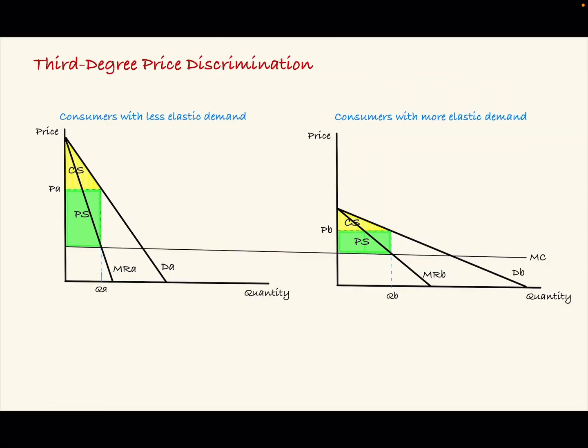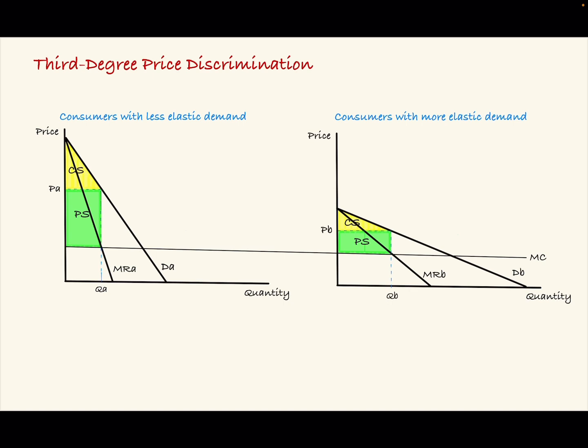Now let's take a look at third-degree price discrimination. Remember that third-degree price discrimination is when the producer charges the consumer a different price based on the consumer's price elasticity of demand. Below, we can see two graphs. On the left is consumers with less elastic demand because of its steeper demand curve.